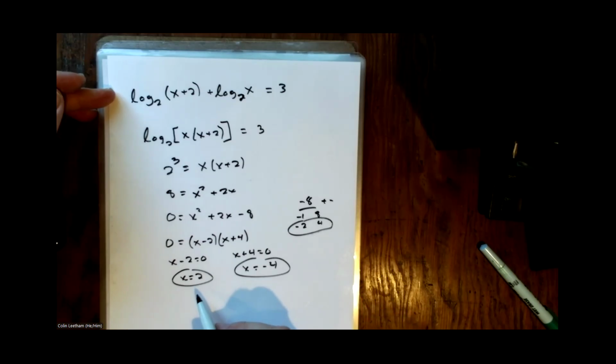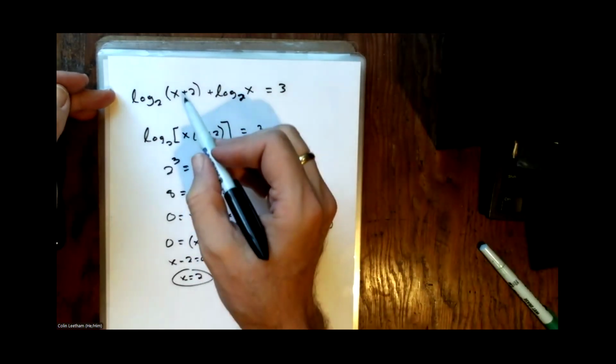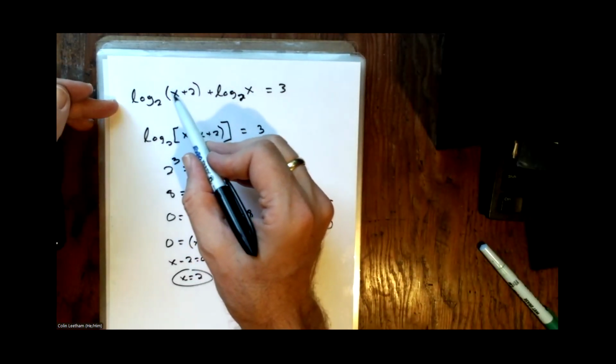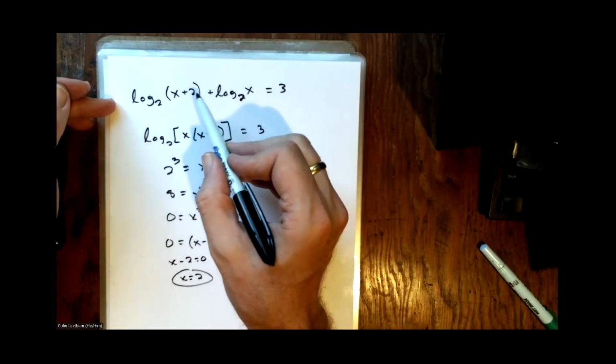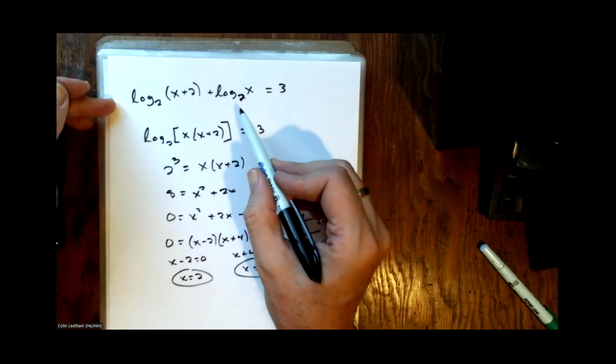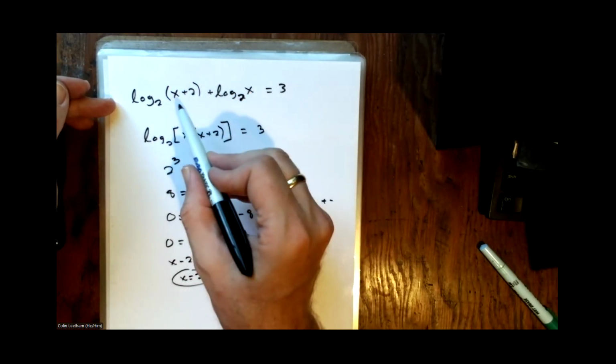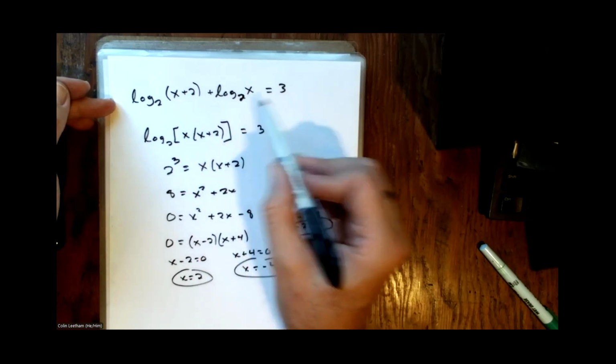If I look at this, if I put in a 2 here, that'll be log base 2 of 2 plus 2. Okay, that'll be log of 4. Log base 2 of 2 is 1. Log base 2 of 4 is 2, plus 1 is 3.